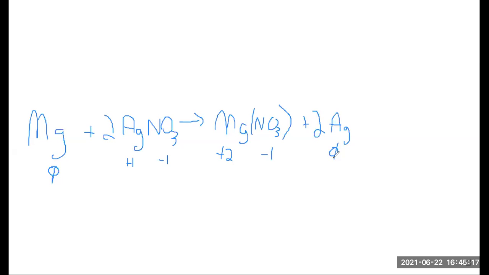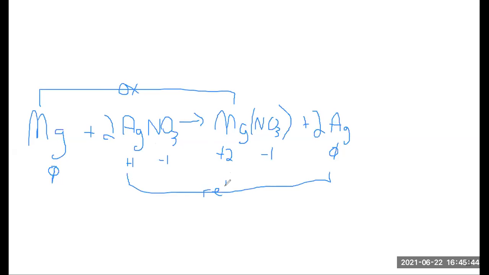So again, I'm going to look left to right here. My magnesium went from 0 up to +2. So it's my oxidized one. My silver went down. It started out life as +1 and it went down to 0. So it is your reduced one. Nothing happened in terms of trading electrons to my nitrate.